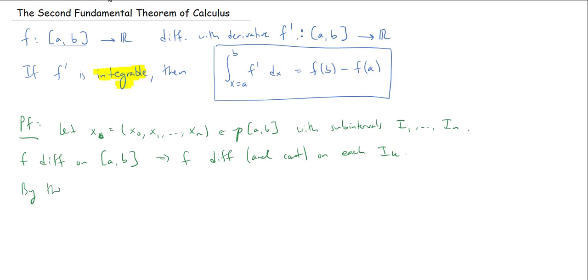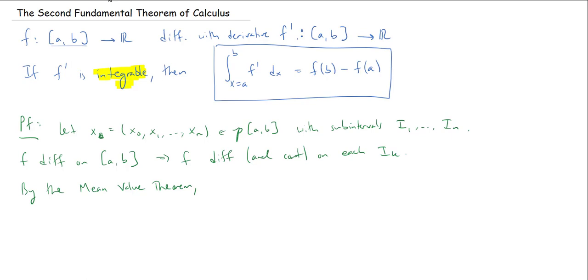So by the mean value theorem, we know that for each one of these intervals, there's going to exist some special element, we're going to call it z_k, such that the difference quotient across the entire interval I_k is equal to the derivative of f at this one point. So the average slope is equal to the instantaneous slope at some point.